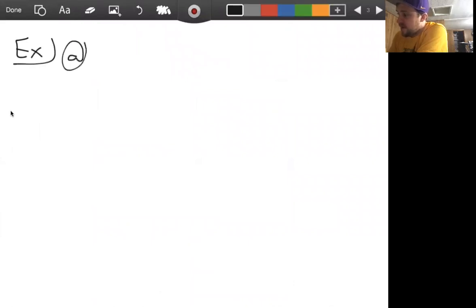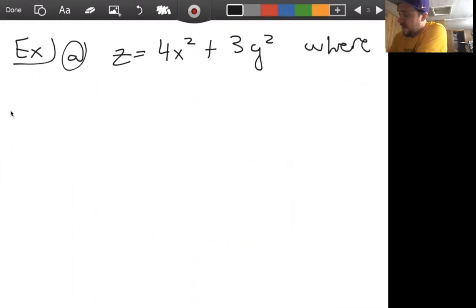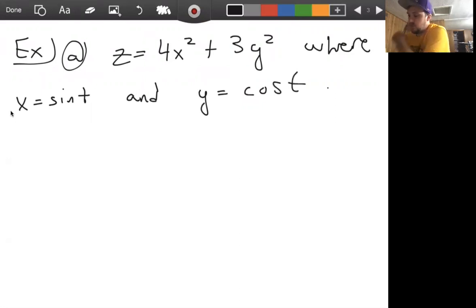We have z equals 4x squared plus 3y squared, where x equals sine t and y equals cosine t. We want to find dz/dt.